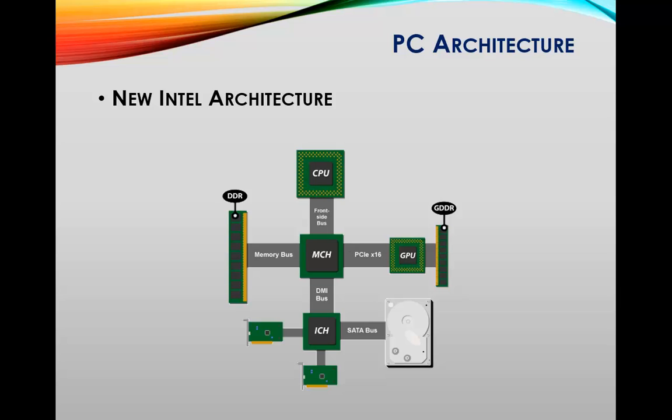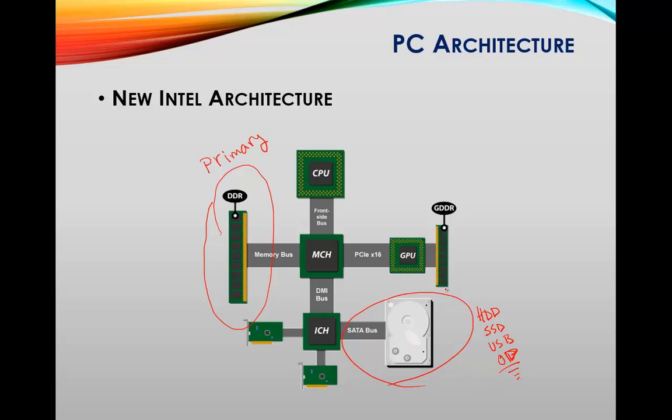And you have two different kinds of storage units. You've got your primary storage unit as a dynamic RAM, and then you've got your secondary storage units, which could be in the form of your hard drive, your solid state drives, your USB drives, your optical drives, and so forth.